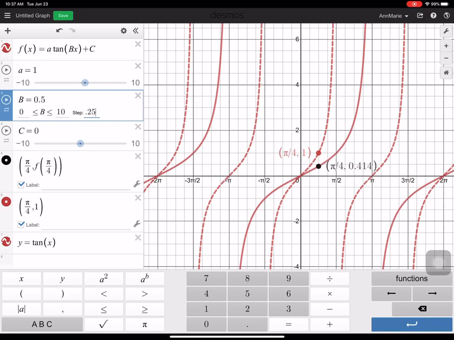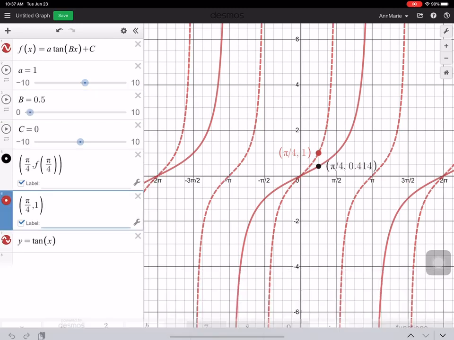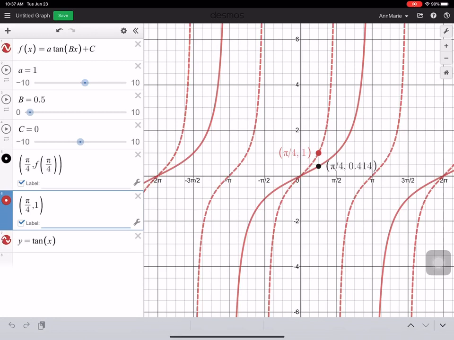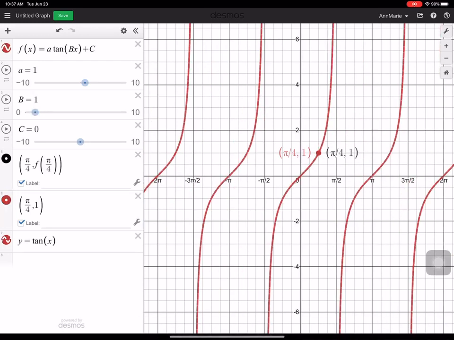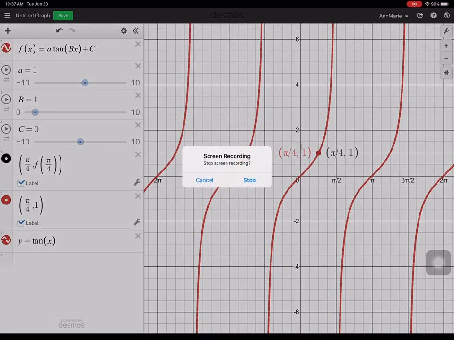There, that'll work. Okay. So if my internal multiplier is 1, then I've got my standard tangent curve.